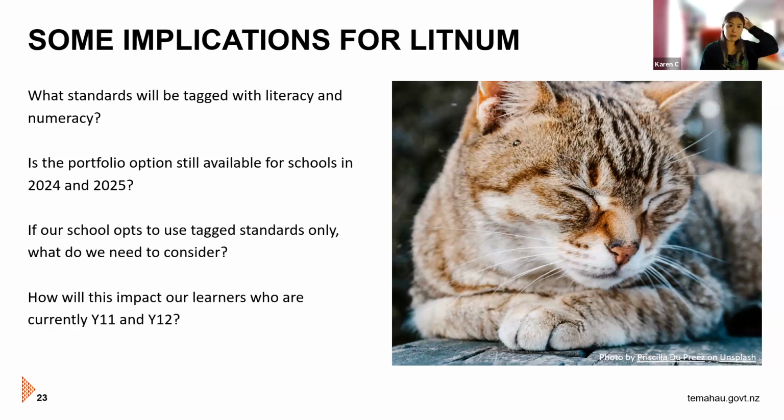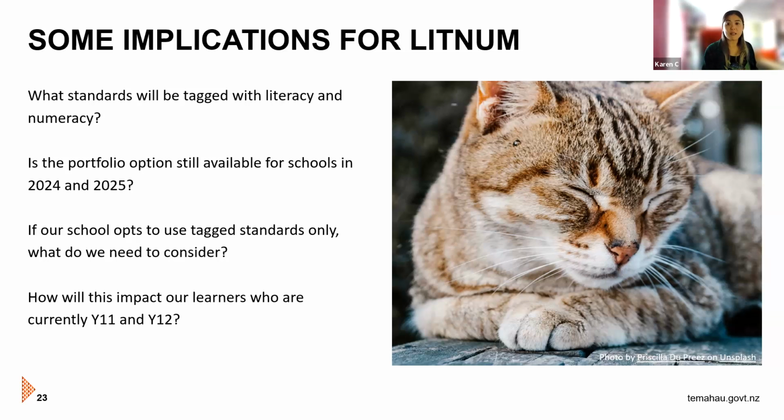Now, if you as a school opt to use tag standards only, there are some considerations that you need to keep in mind. So in 2024, learners will need to gain 60 NCEA credits from anywhere, plus 10 literacy credits and 10 numeracy credits. So those 10 literacy credits can be from the common assessment activity, or they can be from the set of curated tag standards.